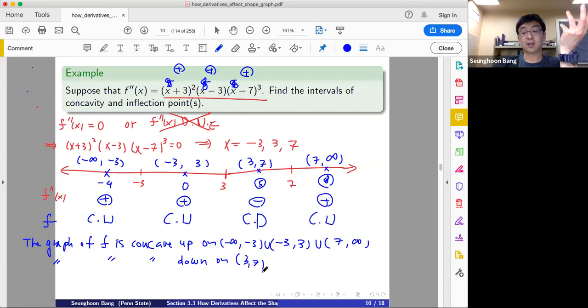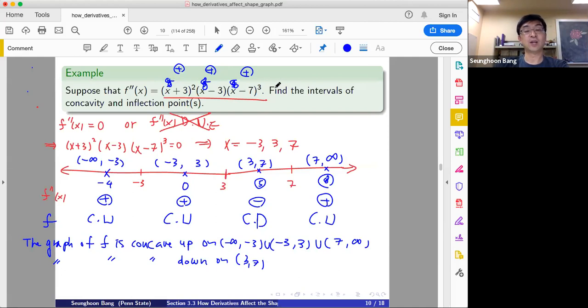Next, how many inflection points do we have? We have 2. The graph of f is continuous. Yes, continuous, because the second derivative is a polynomial, so you can find the antiderivative.